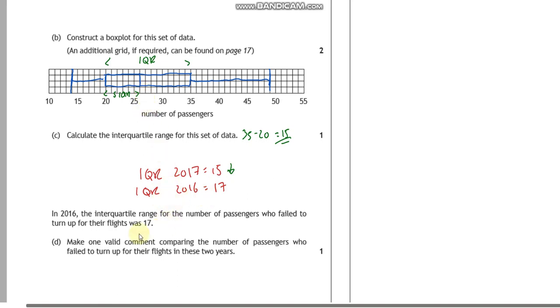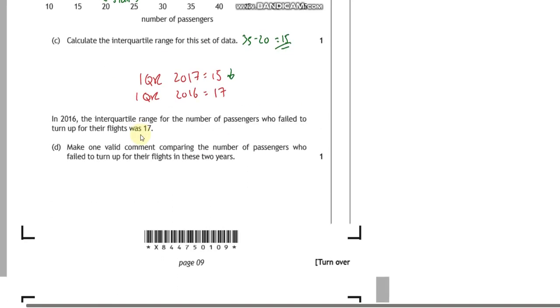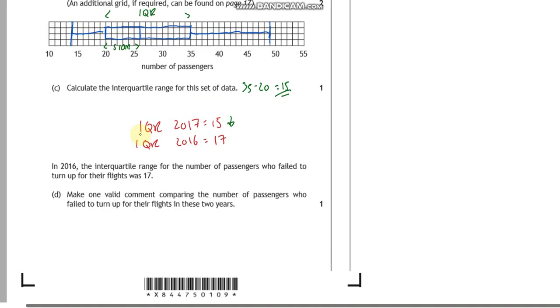And if you're comparing your averages, make sure you use the phrase "on average". You can use it for this, but make sure you say on average when you're comparing your medians or your means. So yeah, I'll just write that for you.